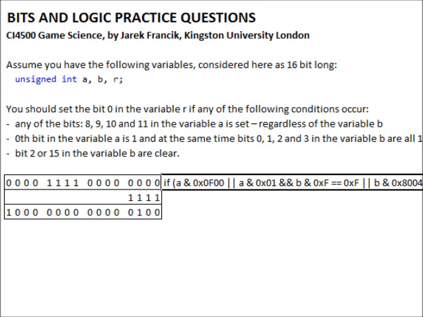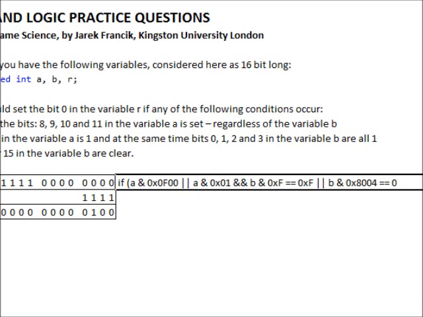This condition here would be good for testing if any of these two bits, 2 or 15, are set to 1, but our condition says about the bits to be clear. So we could actually try something like this. I have to scroll this a bit.